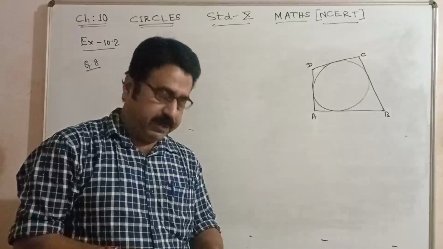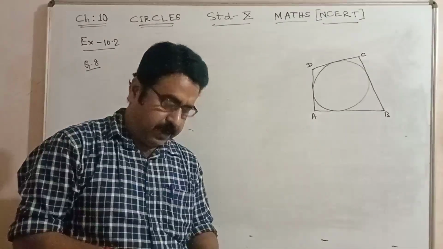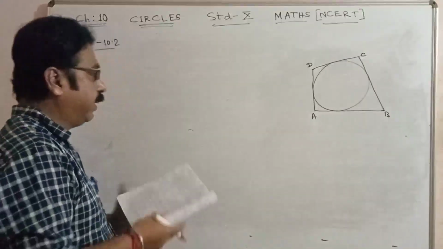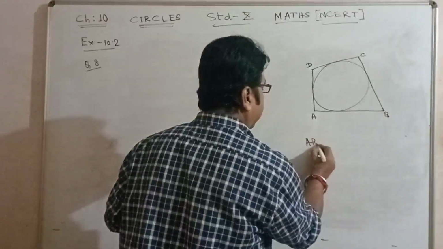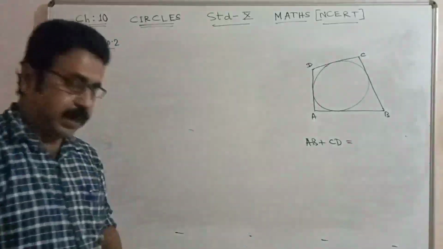A quadrilateral ABCD is drawn to circumscribe a circle. Prove that we have to prove AB plus CD equals AD plus BC.